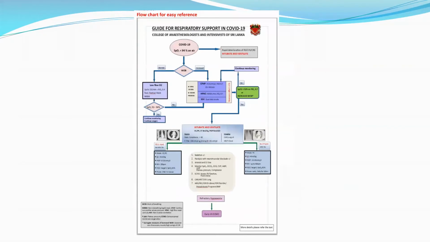Okay, this is a quick guide, a flow chart for you to refer to when you come across a patient with COVID-19. As we already discussed, patients whose saturation is more than 94% do not need any respiratory support. They need only monitoring.